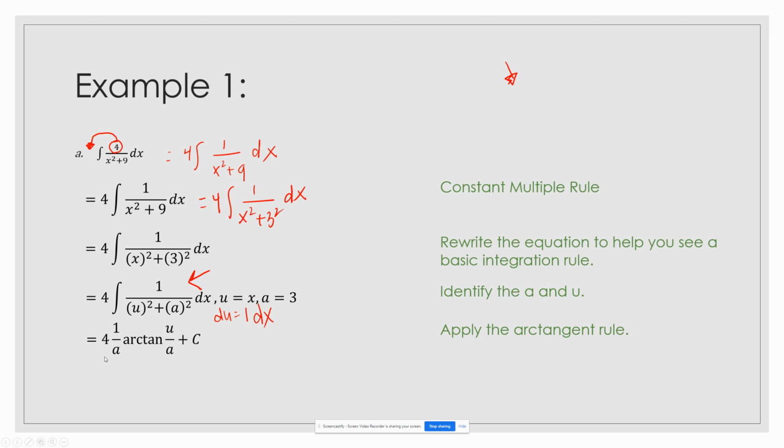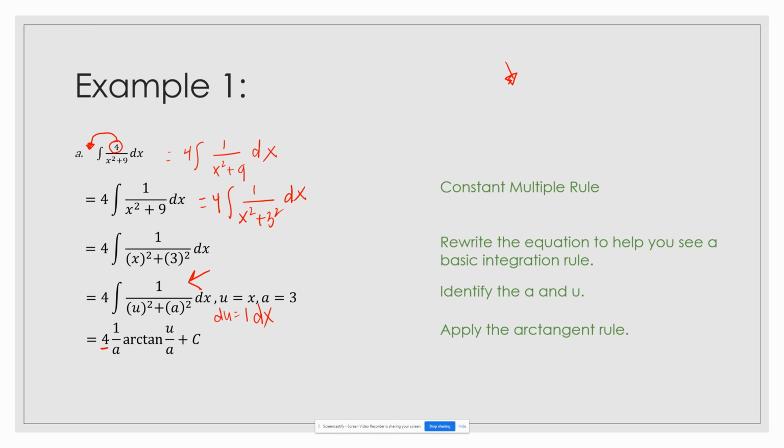And that's what we see here. And you will notice that that 4 is still out front. We can't ignore that 4. And so we have 1 over a arctangent of u over a plus c. And all we had to do was apply that rule.